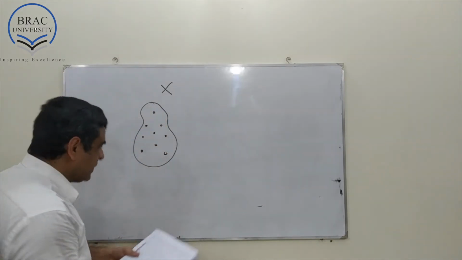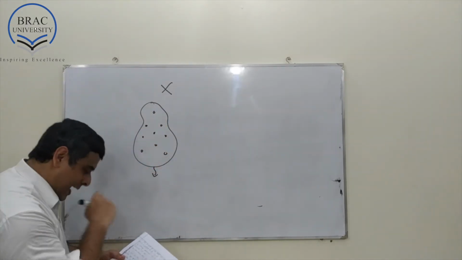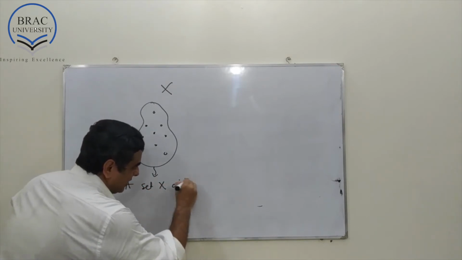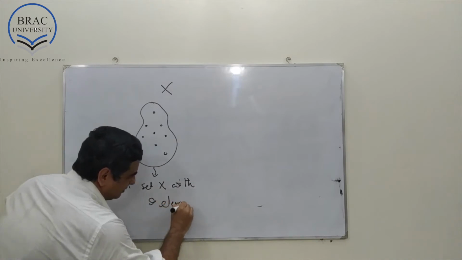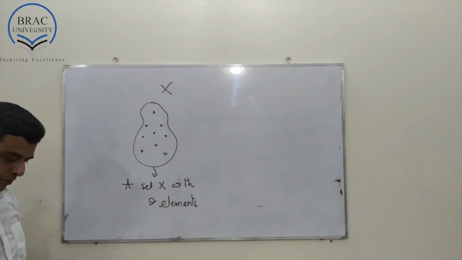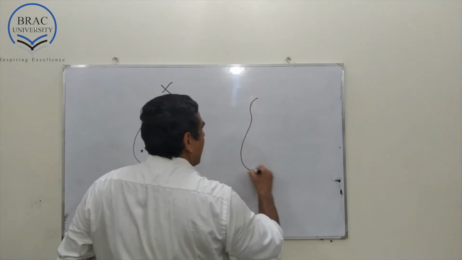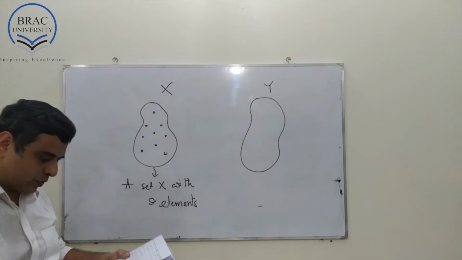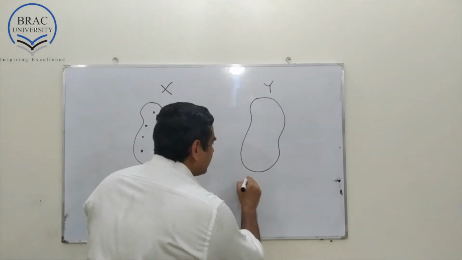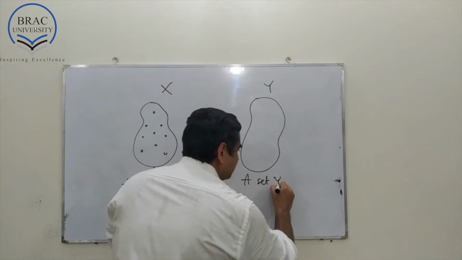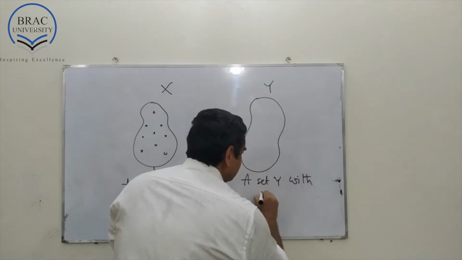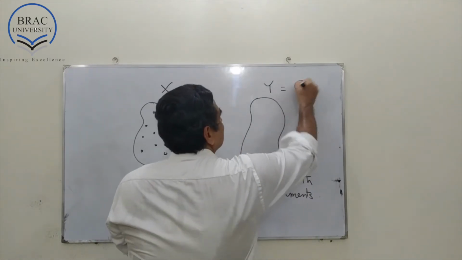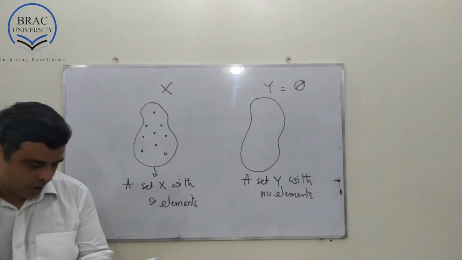So this represents the set X with 9 elements in it. Okay. So if I have an empty bag Y, it represents a set Y with no elements. In other words, Y is an empty set.